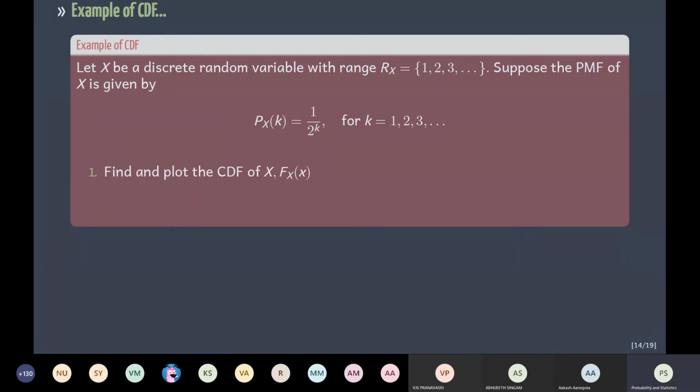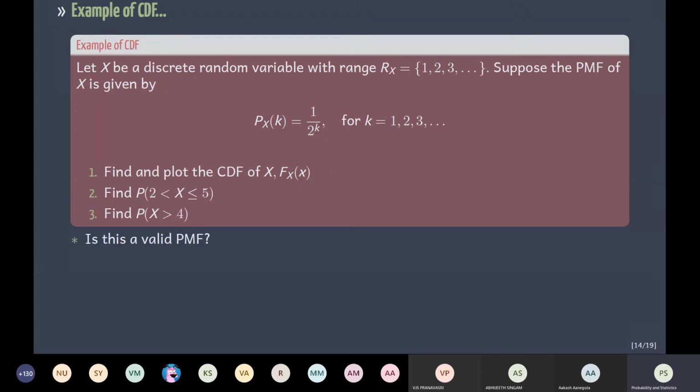First, plot the CDF of X. What would be the corresponding CDF? Then find the probability that X lies between 2 and 5, with X less than or equal to 5. And find the probability that X is greater than 4. So these are the questions we have.